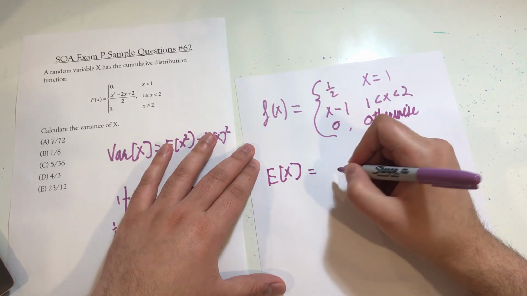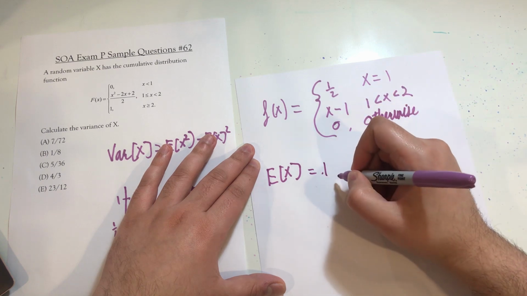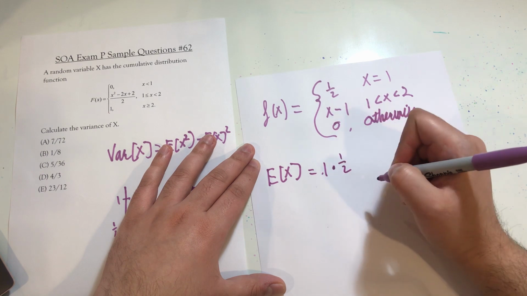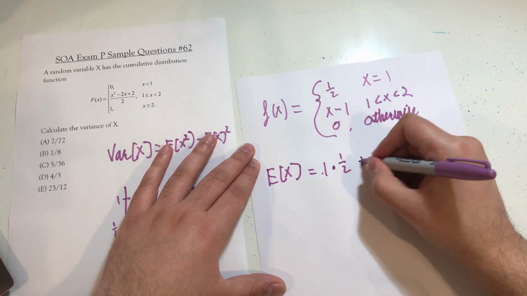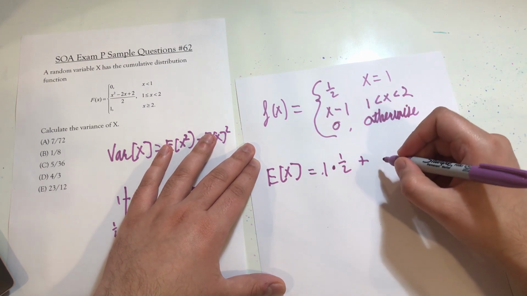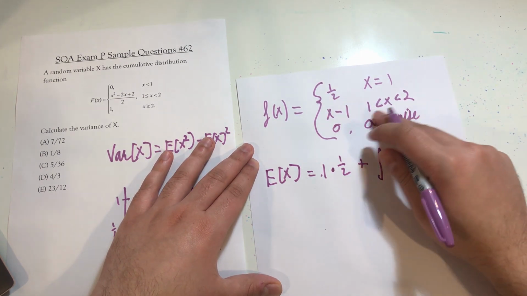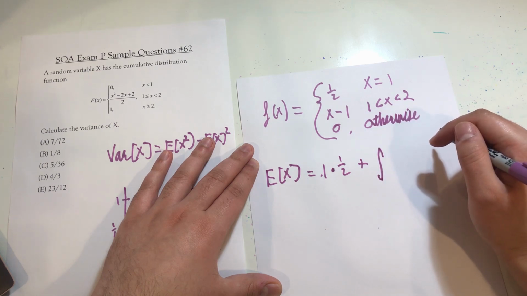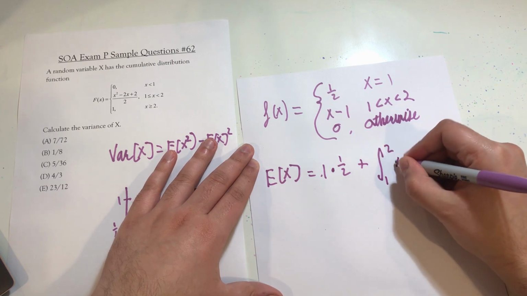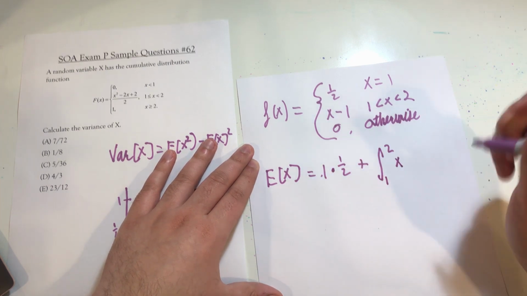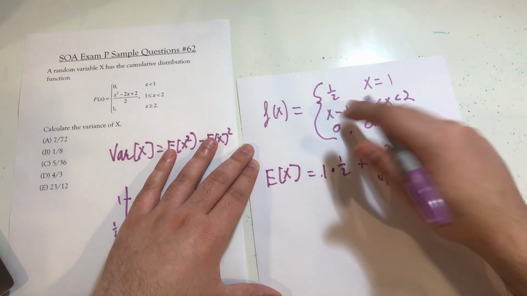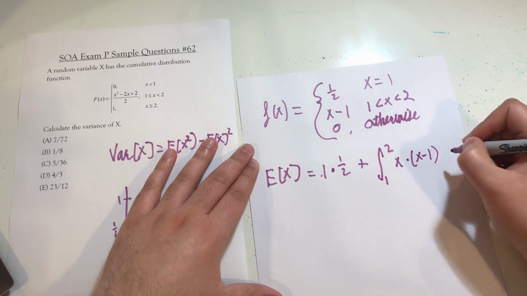It's equal to the value, so 1, multiplied by the actual PDF value, which is 1/2, plus, and then because this is a function, I have to integrate between the bounds that I'm given, 1 to 2, of x multiplied by the actual function, x minus 1.